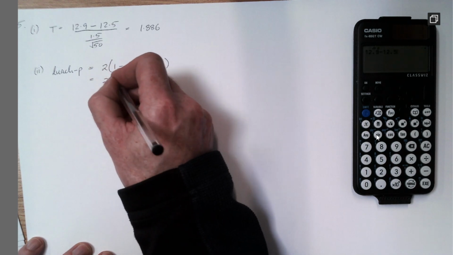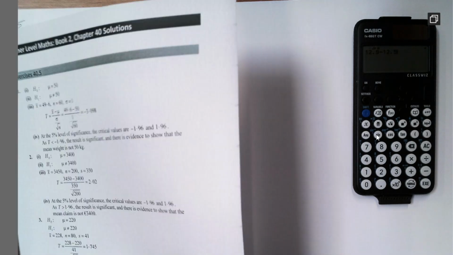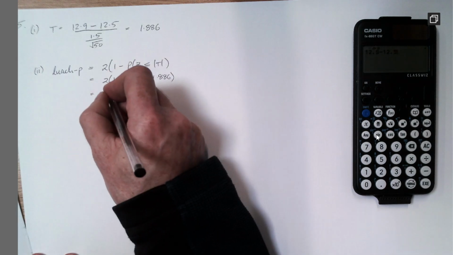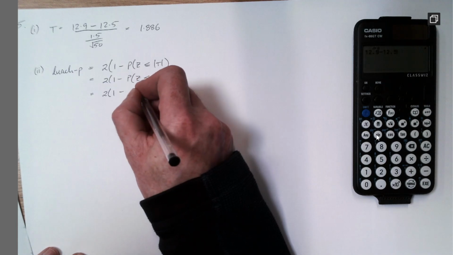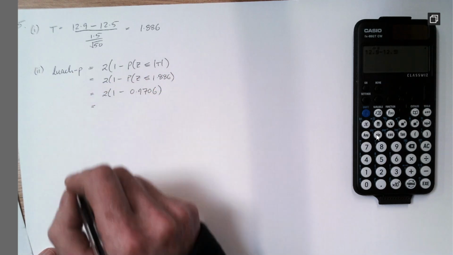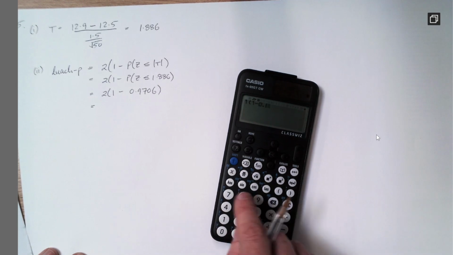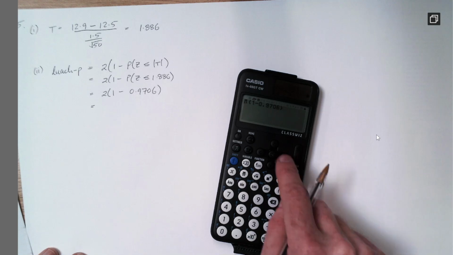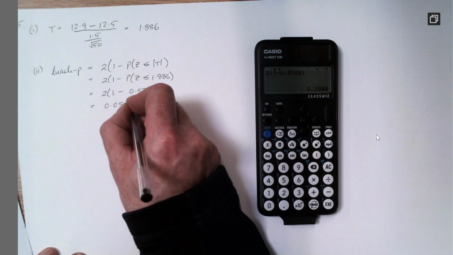So we look up 1.89 in the lower table for the z-score, and the probability is 0.9706. Then in the calculator, one minus 0.9706, times two, gives 0.0588.